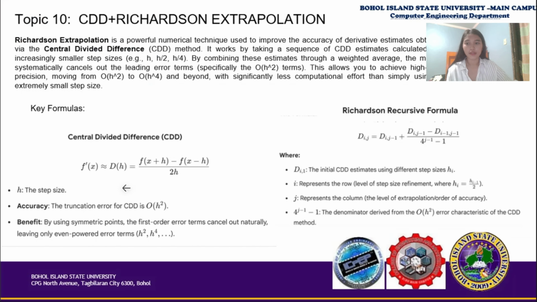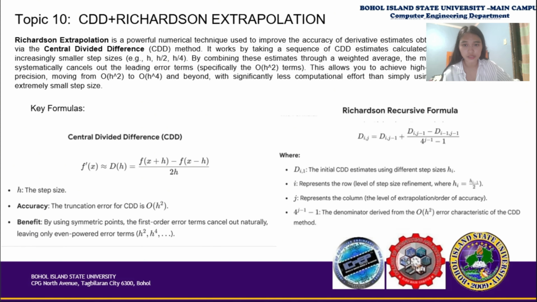Okay. The last but not the least topic is the CDD plus Richardson extrapolation. Richardson extrapolation is a powerful numerical technique used to improve the accuracy of derivative estimates obtained via the central divided difference, or CDD, method. It works by taking a sequence of CDD estimates calculated with increasingly smaller step sizes.